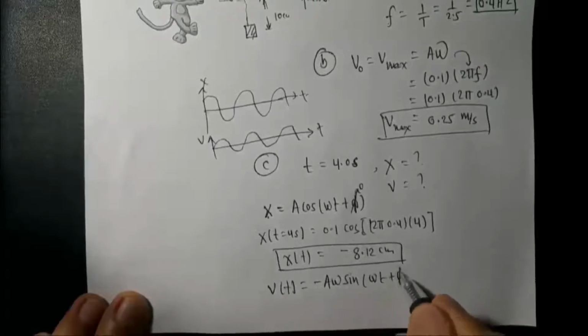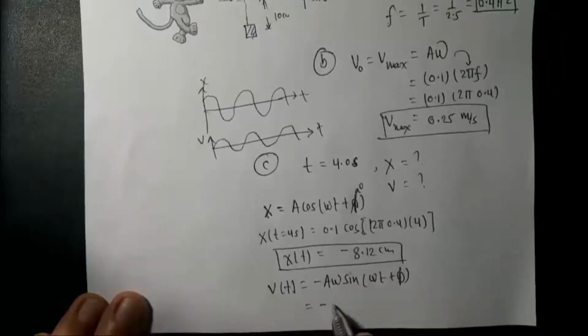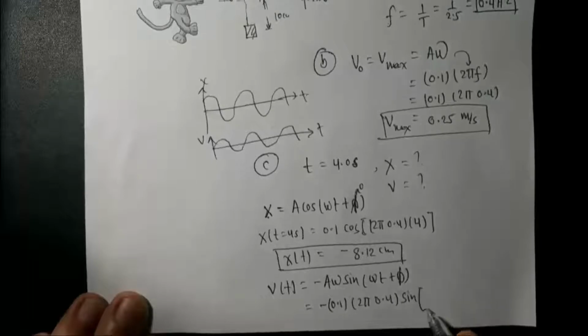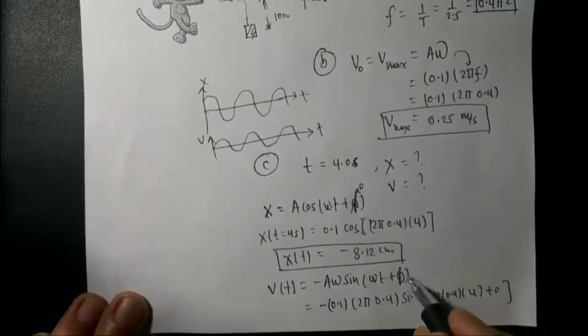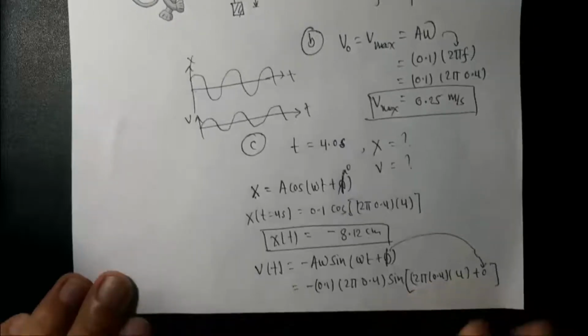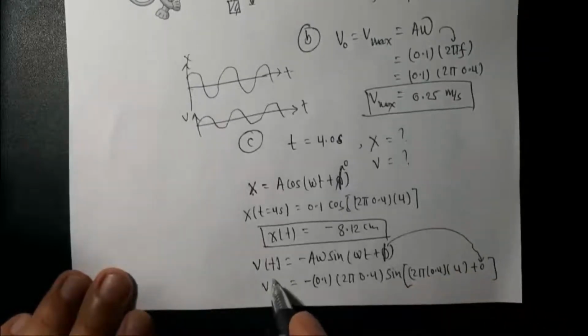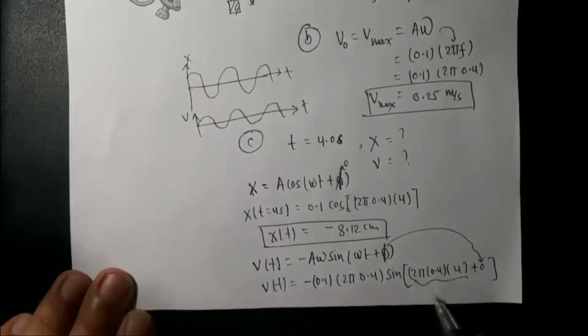Do the same thing: negative, 0.1, omega is 2 pi times frequency 0.4, and sine of 2 pi times 0.4 times time 4 seconds, plus phi, which is 0 because the initial phase shift is 0. Again, your calculator must be in radians.